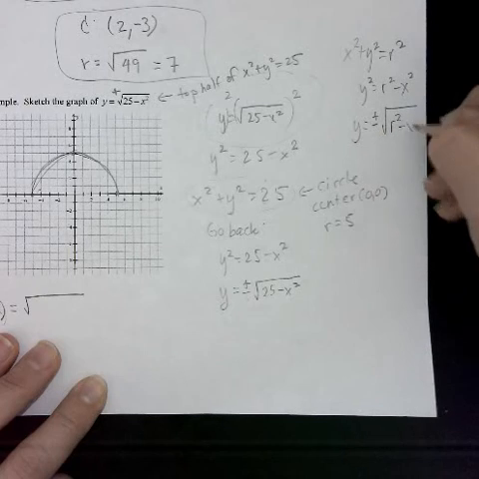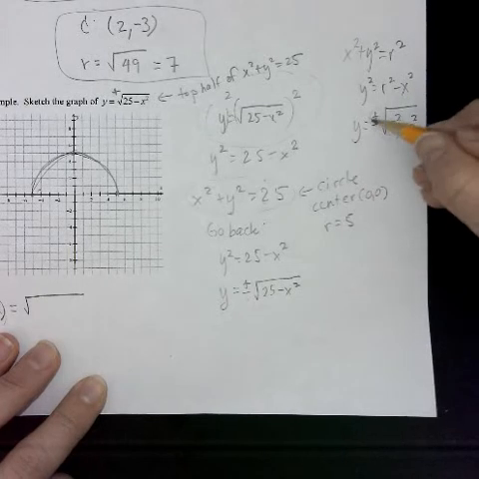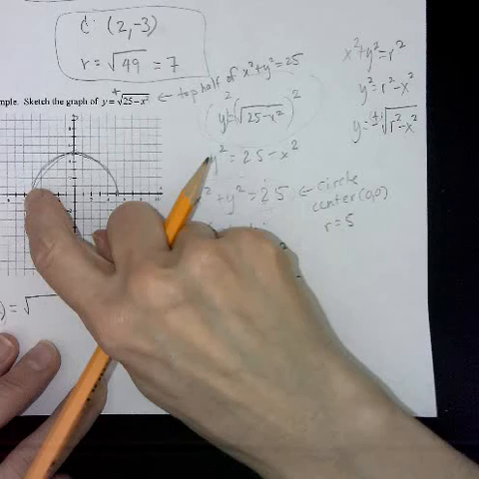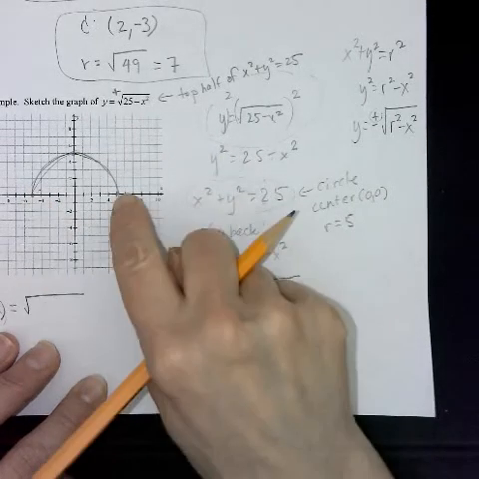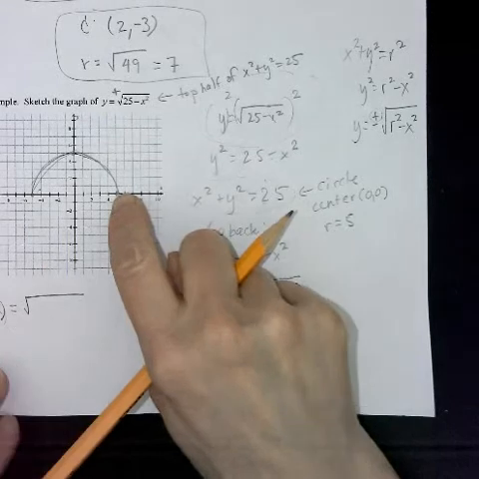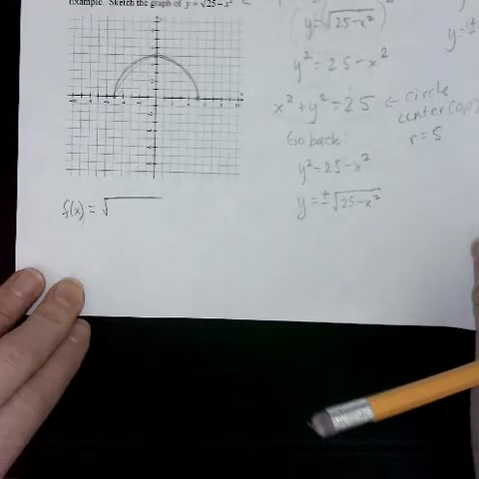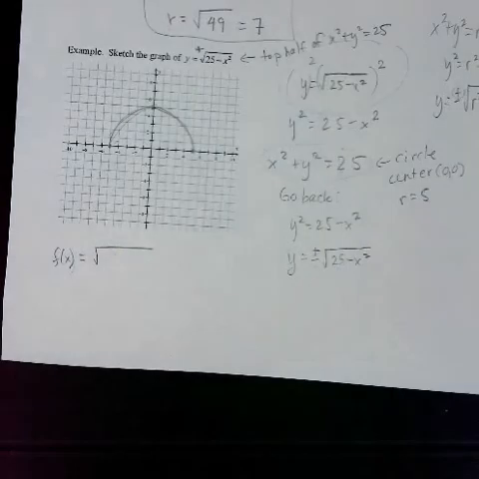The positive will be the top half of the circle because the y's are all positive up here, and the negative will be the bottom half of the circle. So if you only have the top half or the bottom half, then you do have a function. If you have the full circle, of course, you don't have a function, right?